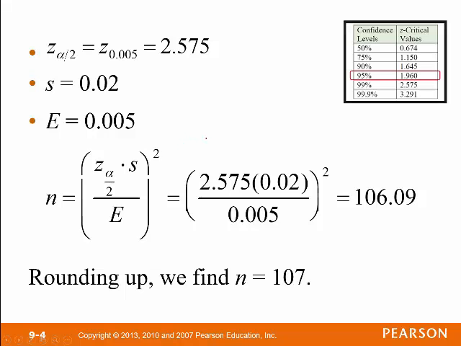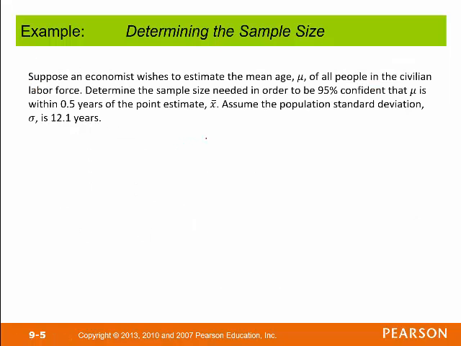All right, let's do another one real quick. Suppose an economist wishes to estimate the mean age mu of all people in the civilian labor force. Determine the sample size needed in order to be 95% confident that mu is within 0.5 years of the point estimate.